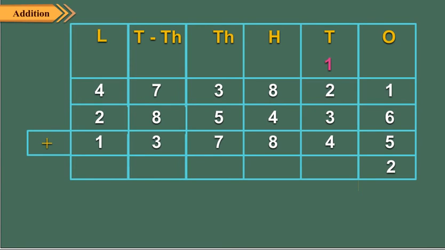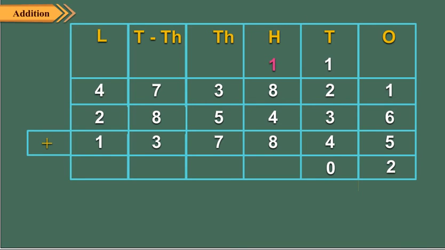Add tens. 1 ten carried over plus 2 tens plus 3 tens plus 4 tens is equal to 10 tens, which is equal to 1 hundred 0 tens. So we write 0 in the tens column and carry over 1 to the hundreds column.